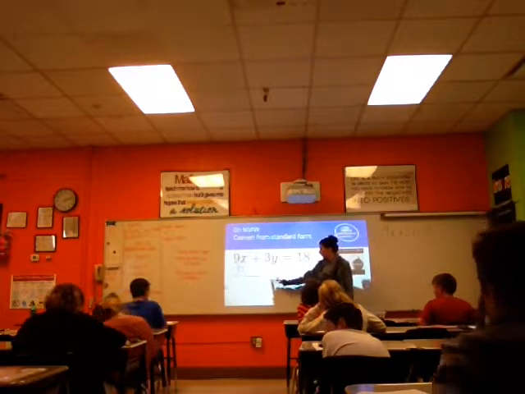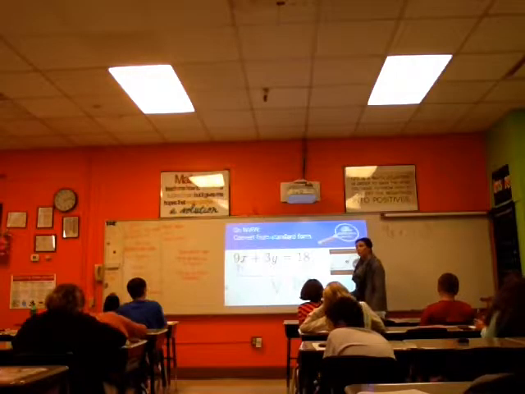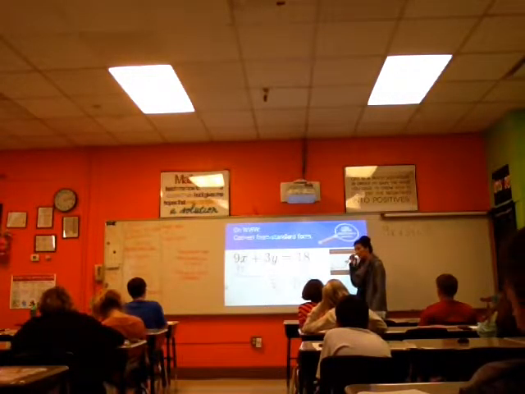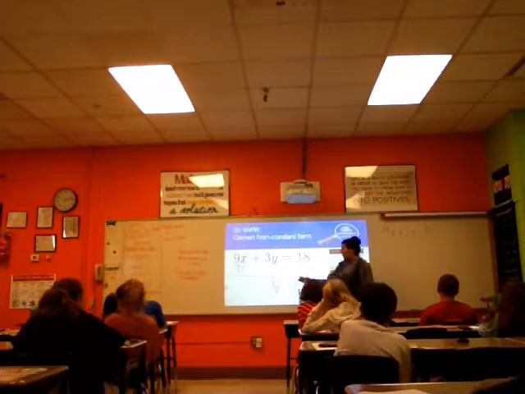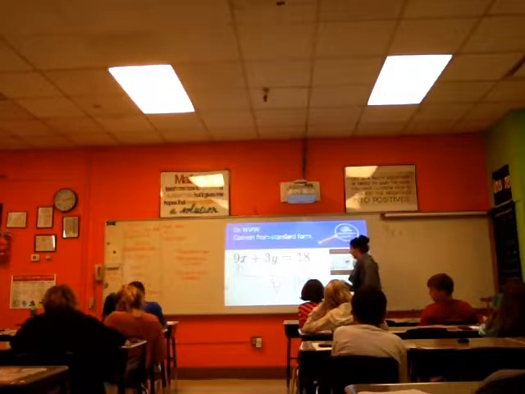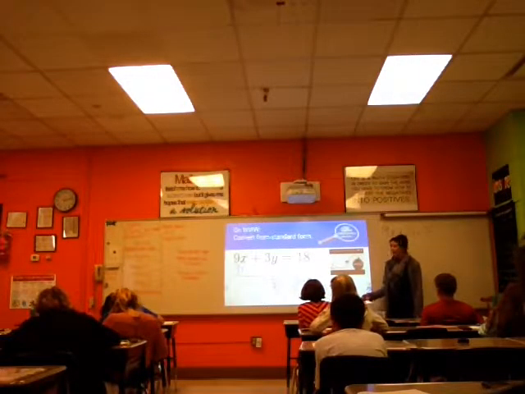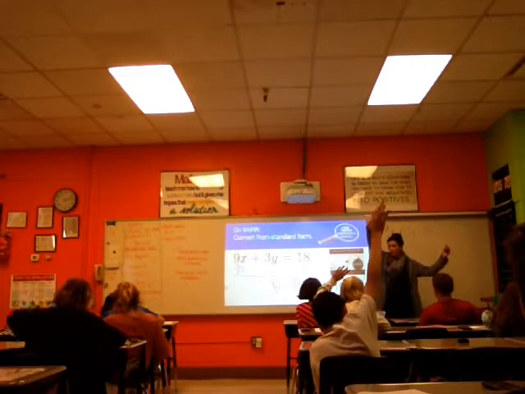What is it? Y equals, what's negative 9 divided by 3? It's negative 9x divided by 3. There we go. And 18 divided by 3 is what? 6. Plus 6.